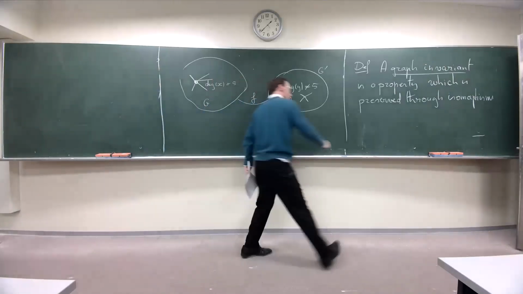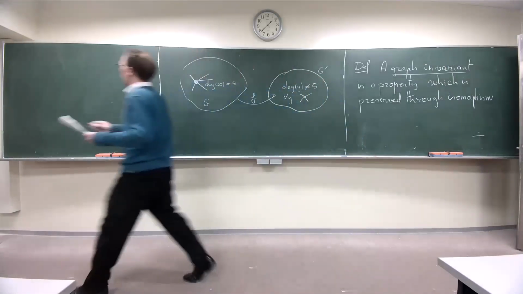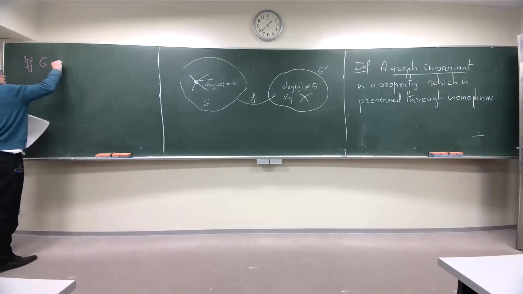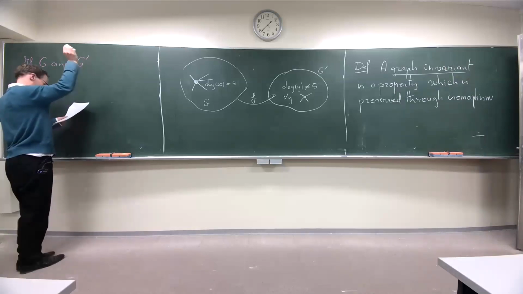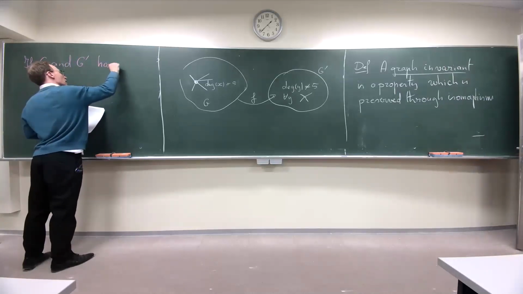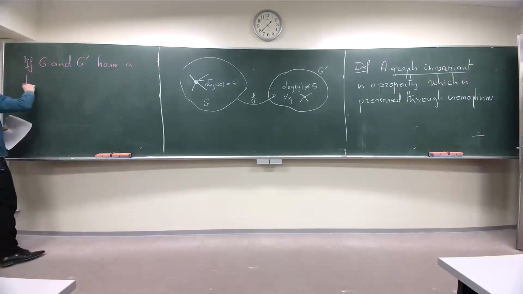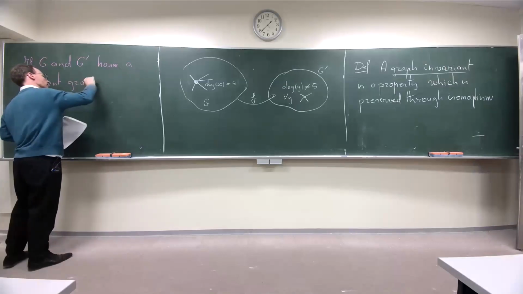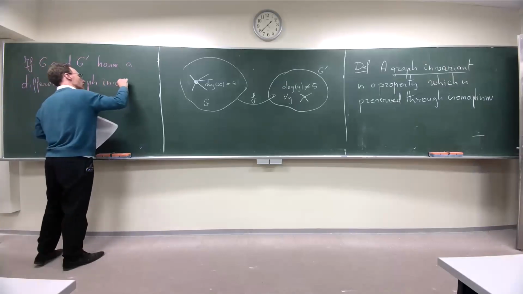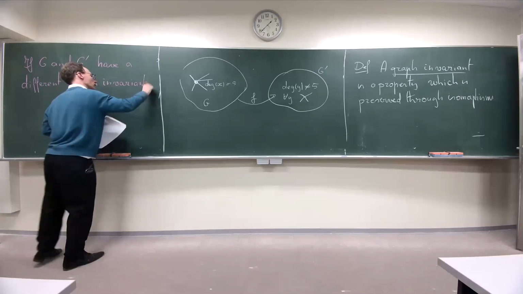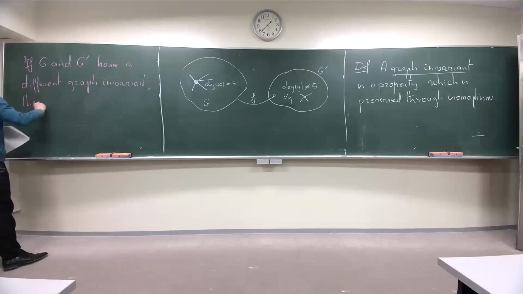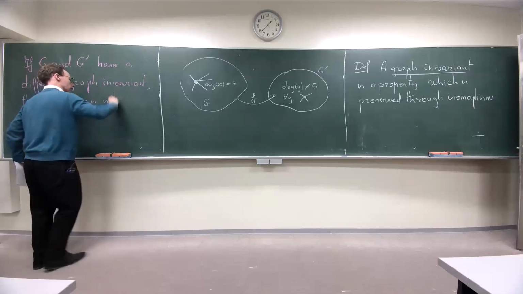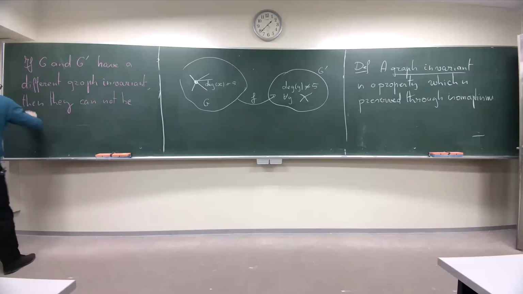Let me write it in red. If G and G prime, two graphs, have a different graph invariant, then they cannot be isomorphic.